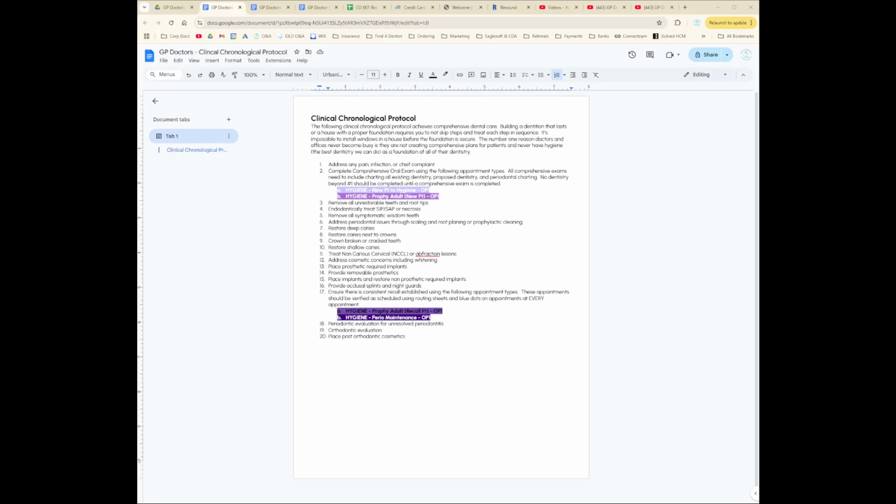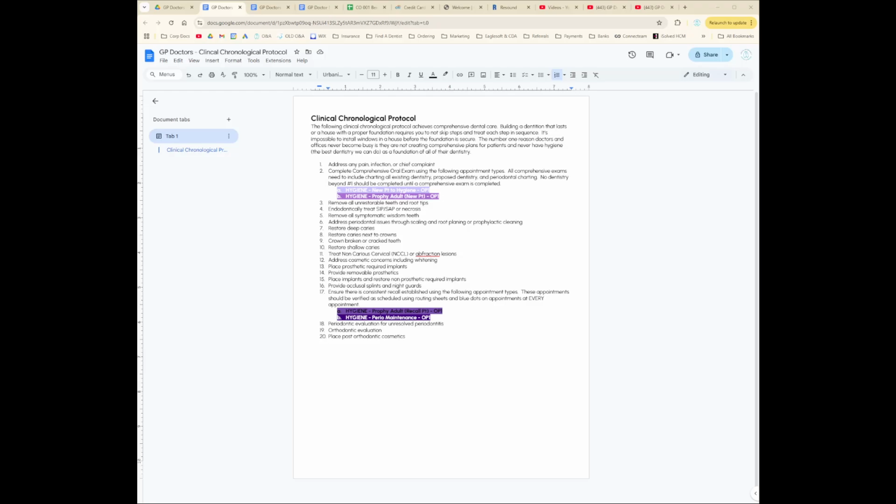So very similar to a house that looks like it needs new windows because there are some cracks in them. Well, if we don't look to see if the foundation is secure, then putting on new windows isn't going to really help our issues.